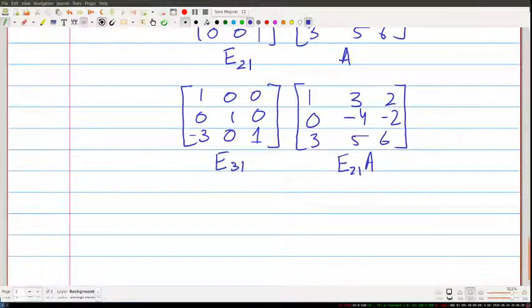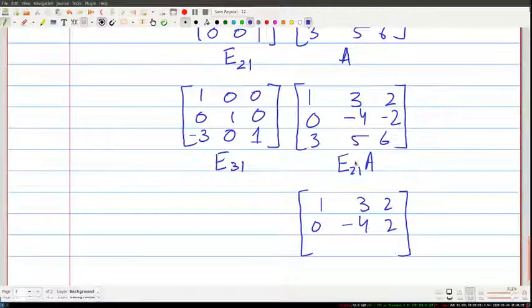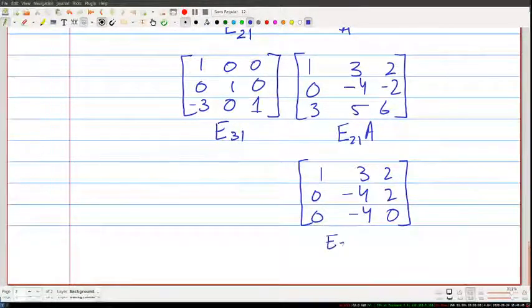And so now I get the matrix: preserve the first row, preserve the second row, and the third row is simply minus 3 plus 3, 0, minus 9 plus 5, minus 4, and minus 6 plus 6, 0. So that's my matrix E31, E21, A.